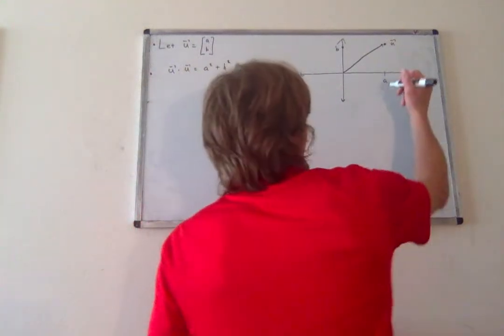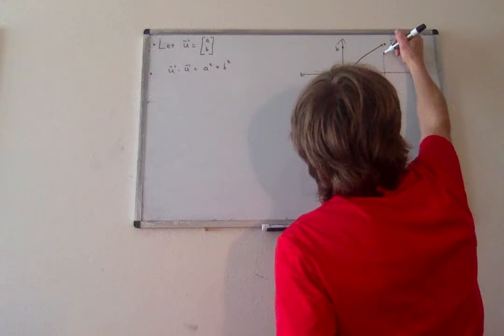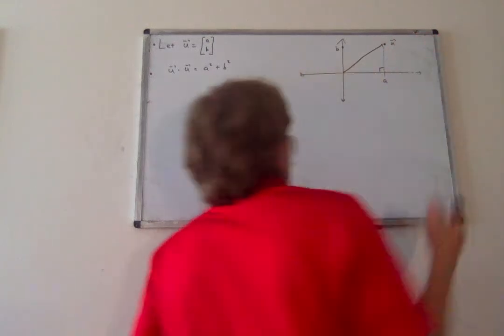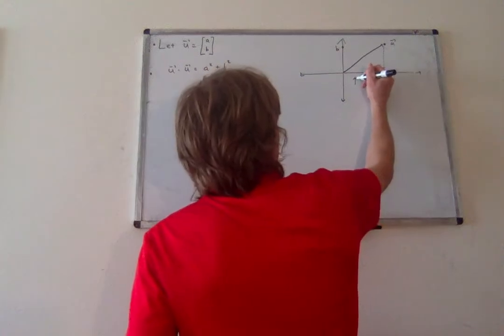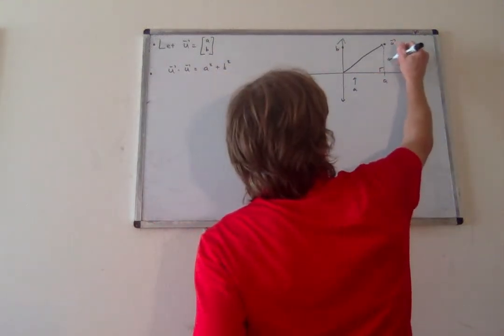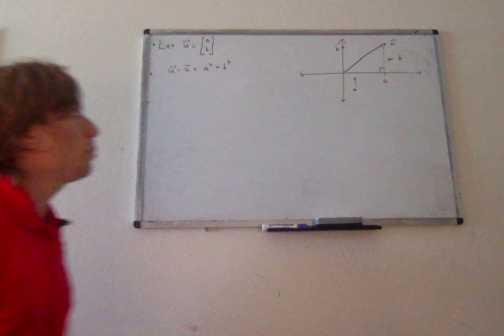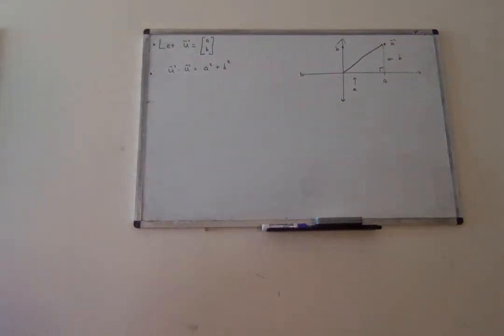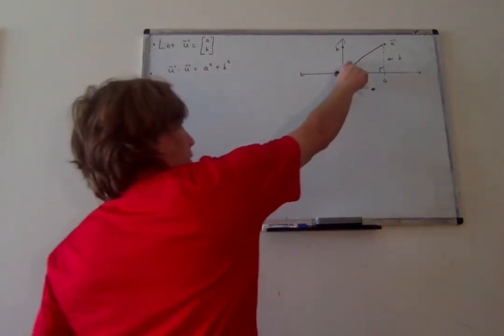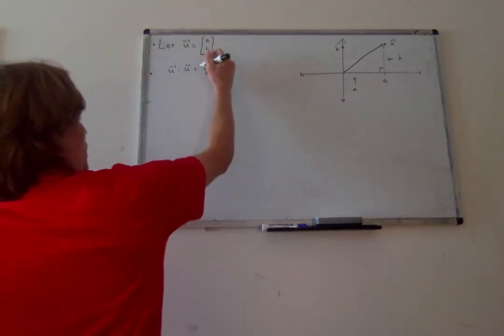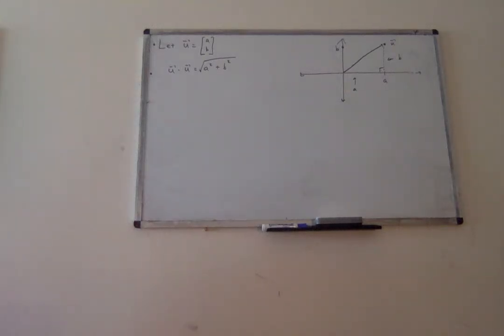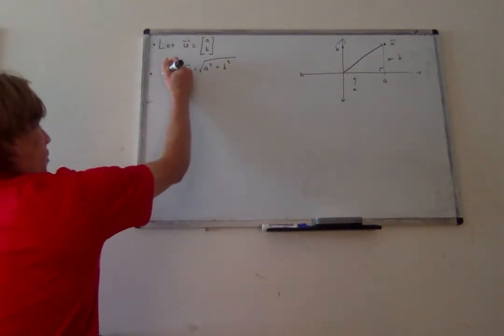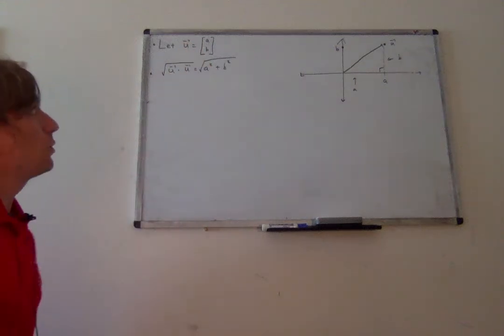Well, notice that if I imagine this line going up, I've got a right triangle there, and a side here with length A, and a side here with length B. And so by the Pythagorean theorem, the length of this side is equal to the square root of a squared plus b squared, which, as it turns out, is the square root of u dot u.